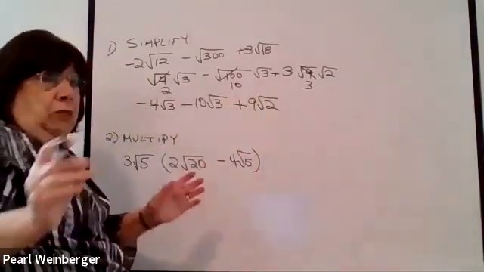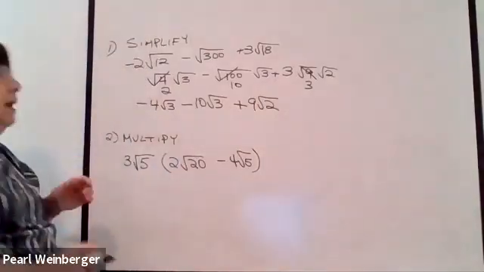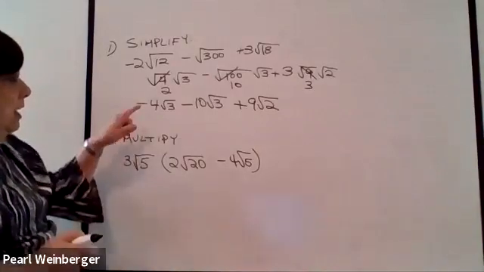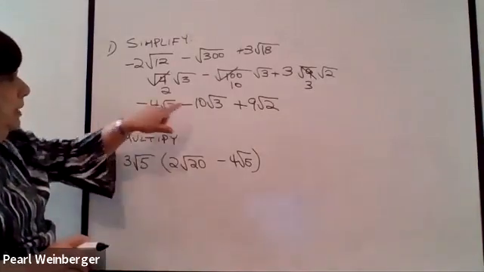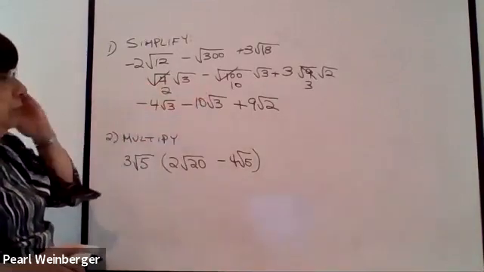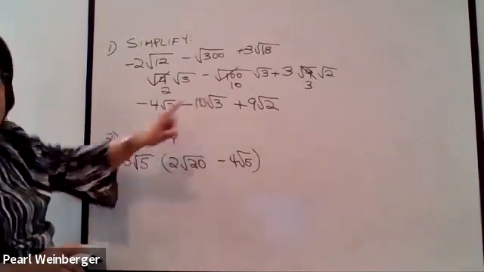So step 1, I simplified everything as much as I possibly can. Now I look for like radicals. The negative 4 radical 3 and the negative 10 radical 3 are certainly like radicals because they both have 3 inside the radical.